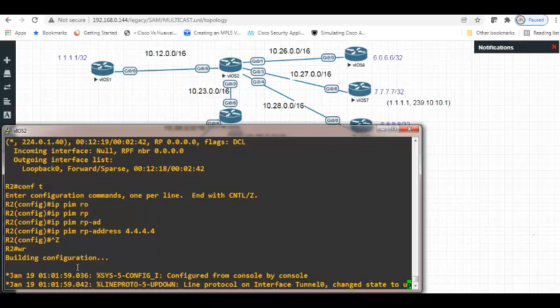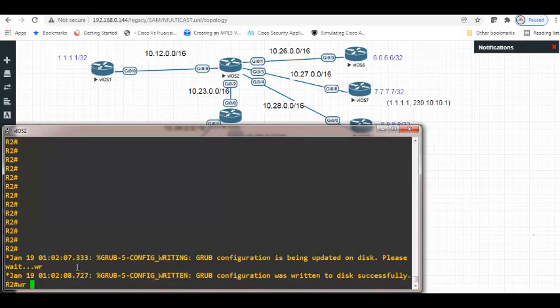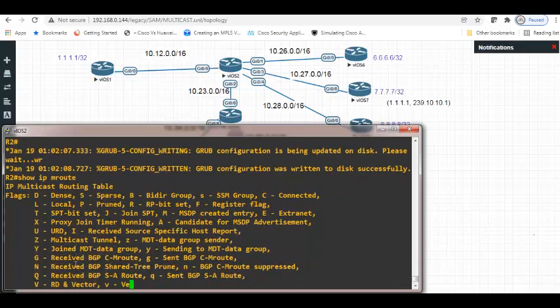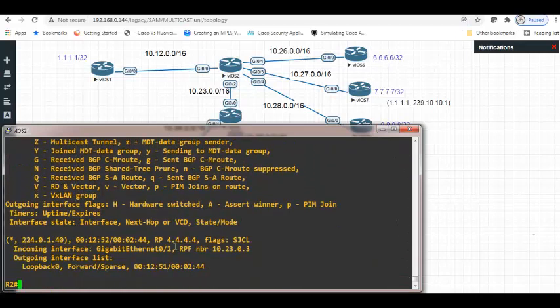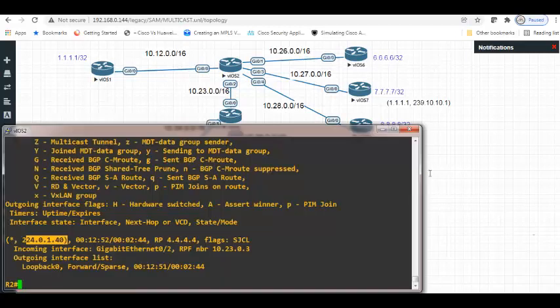Wait. Show IP mroute. Now router 2 knows RP, but it need not know about 239.10.10.10 because R7 is still not configured with the RP address. So router 2 has got no idea about the group member and the receiver on the interface.